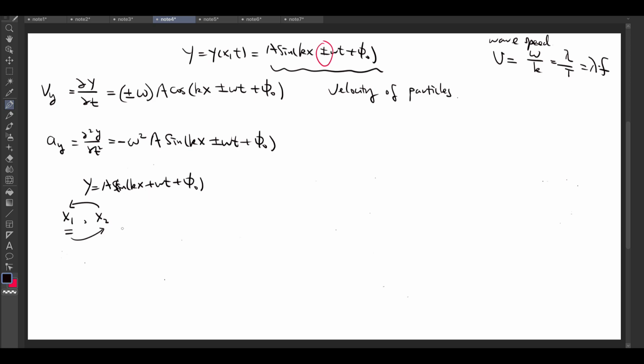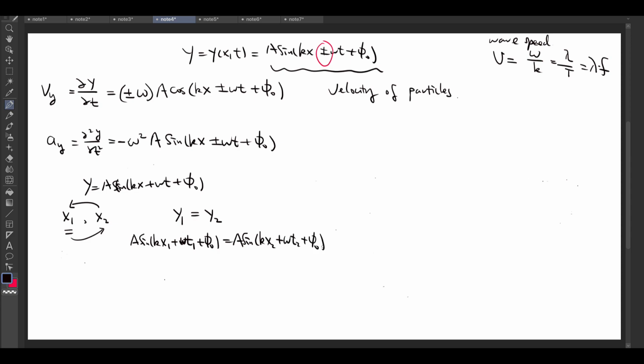So let's think about the motion propagation. The y1 must be equal to y2, and I want to use this expression. So A sine(kx1 plus omega t1 plus phi naught) equals A sine(kx2 plus omega t2 plus phi naught).